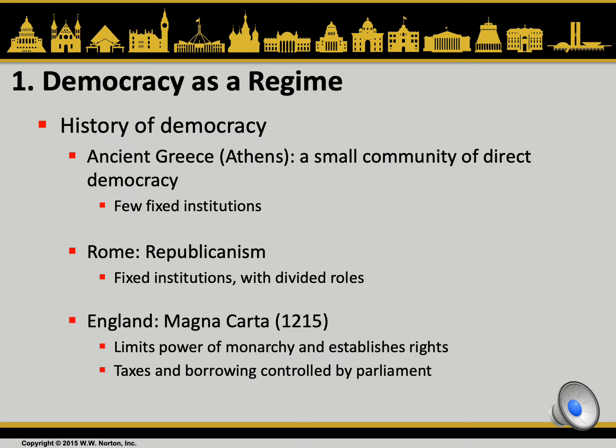History of democracy as depicted here: born of Greece, refined, if you will, in Rome with fixed institutions, and then further refined in England centuries later, limiting monarchy and empowering a representative body to control taxes and other powers for the people.